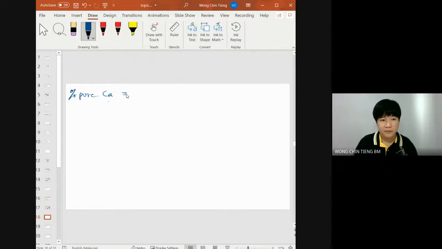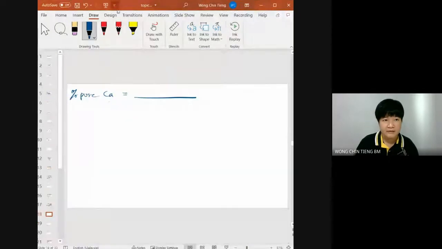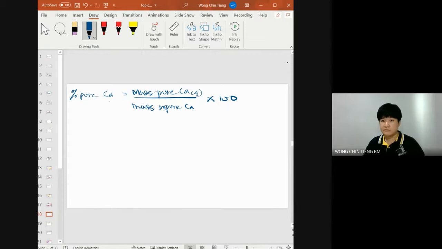So the formula must be the mass of the pure calcium over the mass of the impure calcium times 100. Right? The impure mass you do not need to find, it is given in the question.